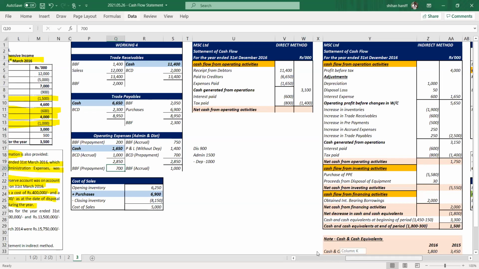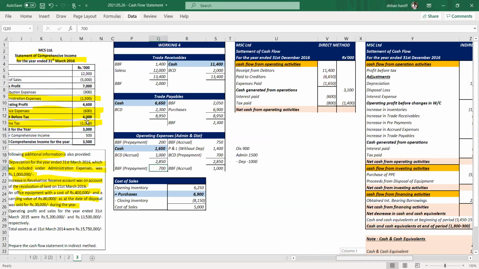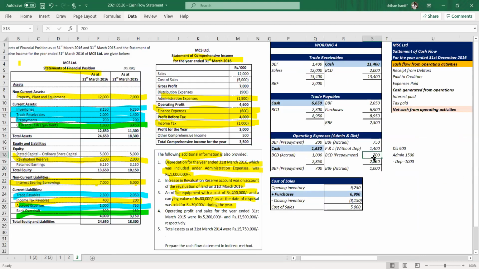I'll explain the operating expense again. There is a prepayment 200 opening and closing 700. Accrual 750 opening. Let me take it like this.